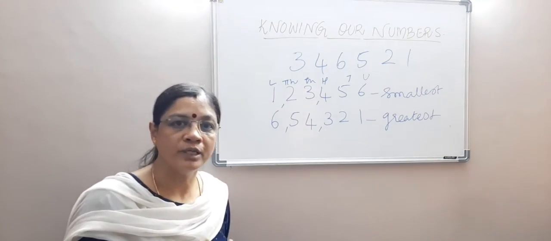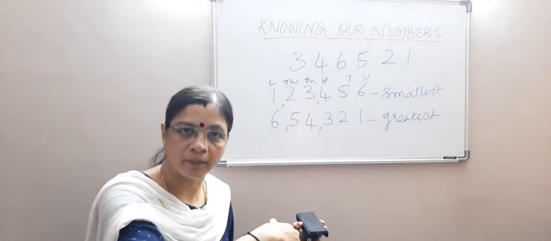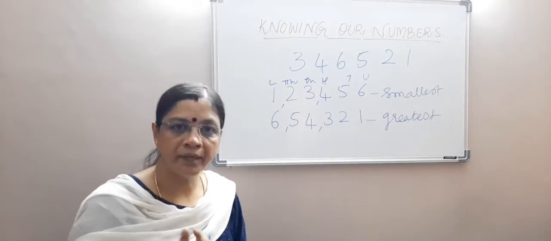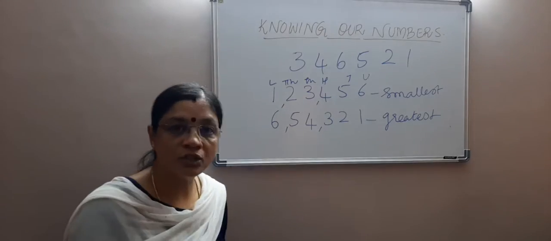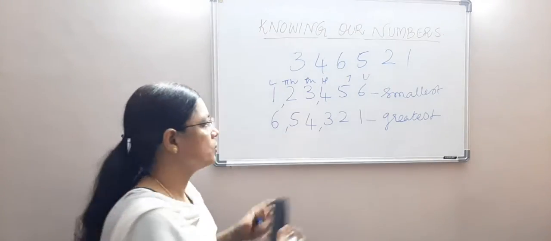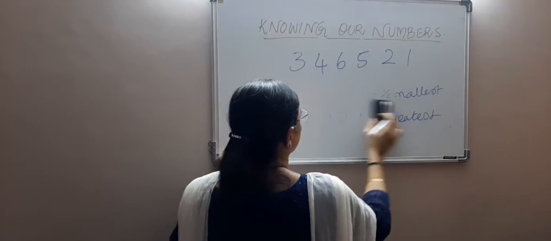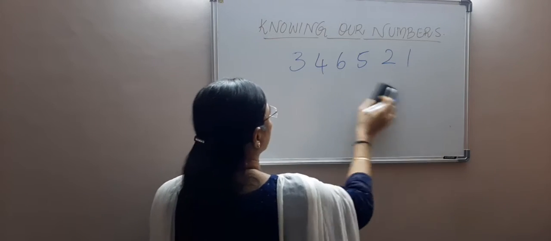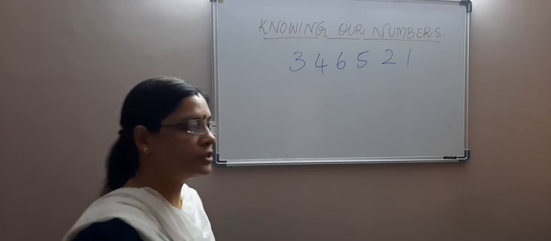Then we can't bring a new number inside, isn't it? So we need to repeat a digit which is already given there. So let us try an example to build a number by repetition of digits.